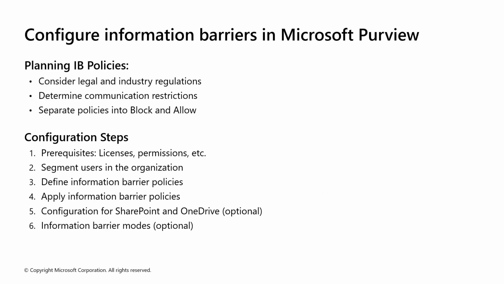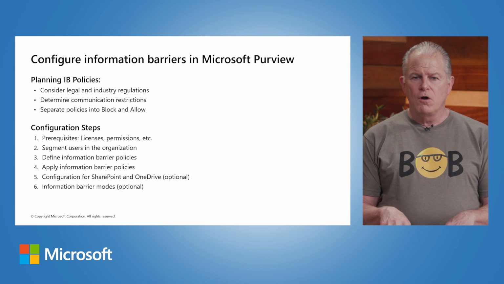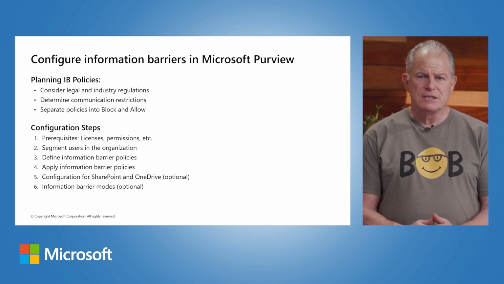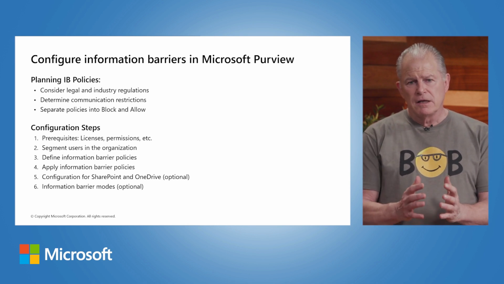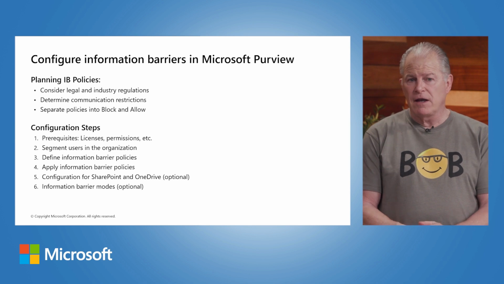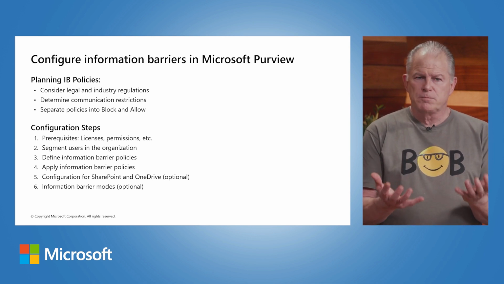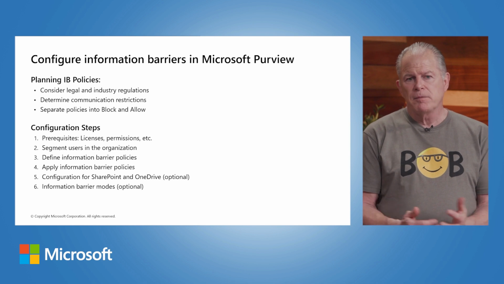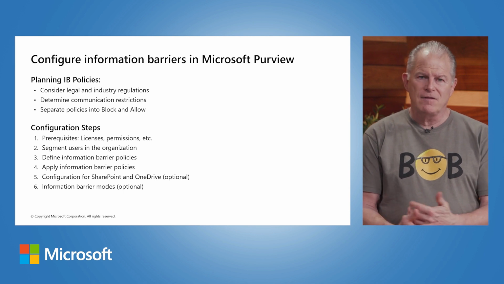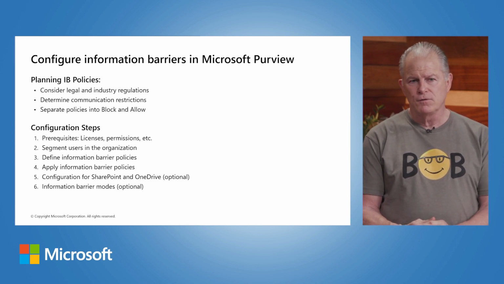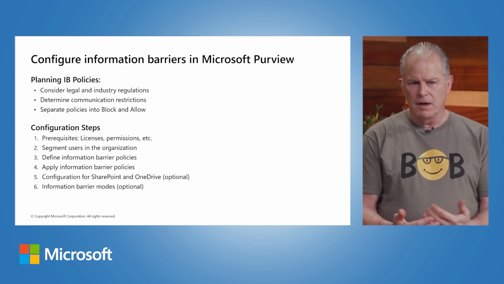When planning the information barrier policies, you want to use a concept called least privilege and secure by default. By default, no one should be able to talk to anybody. It's the easiest way, as opposed to saying everybody can talk to everybody and trying to lock things down. By allowing nothing to happen by default and then opening up your model to expose things that are allowed is probably a better model than saying, wow, I didn't expect those two groups to talk to each other, and I now have to add that to my barrier to stop that from happening in the future because it's been a leak or a breach.